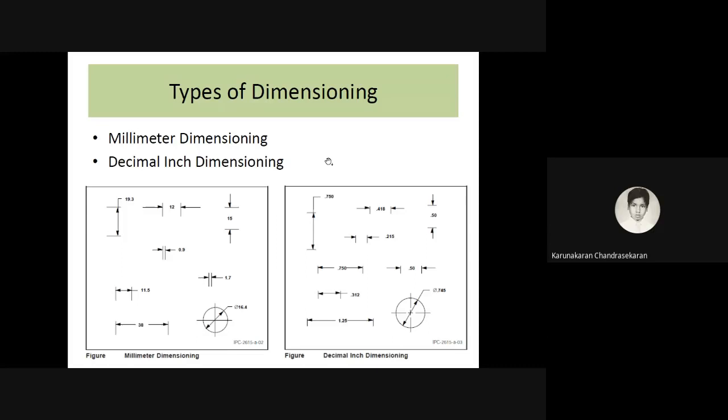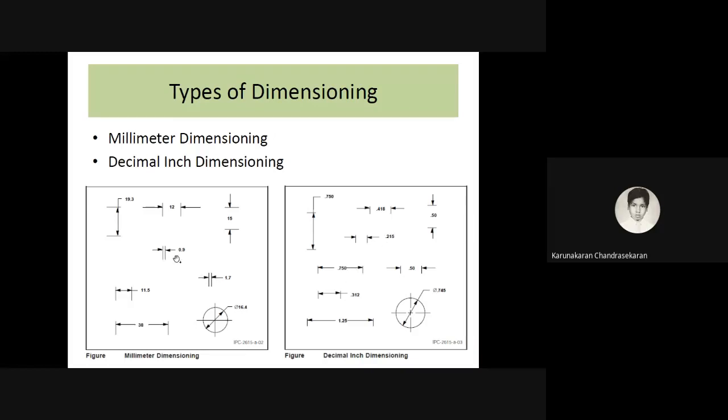Now, in types of dimensioning, IPC 2615 gives two different dimensioning methodologies. One is millimeter dimensioning and the other is decimal inch dimensioning. The simple difference you can observe very clearly: the minimum dimension in the case of millimeter dimensioning starts with 0.90, whereas in inch dimensioning it starts without a zero.